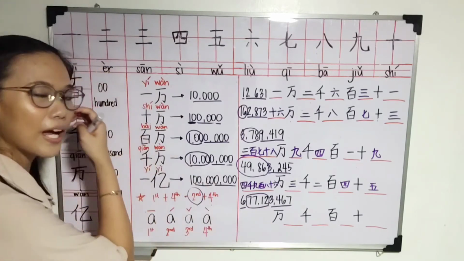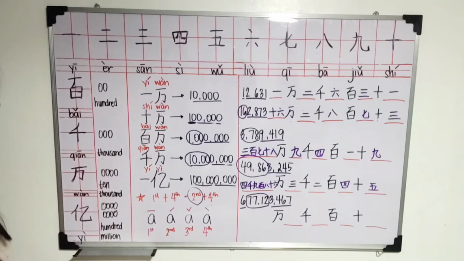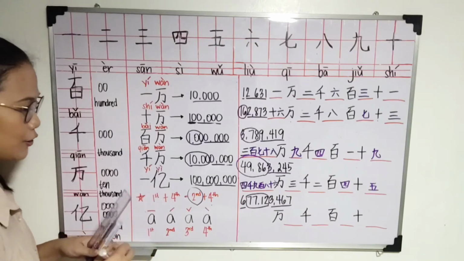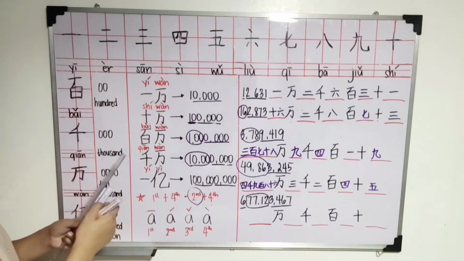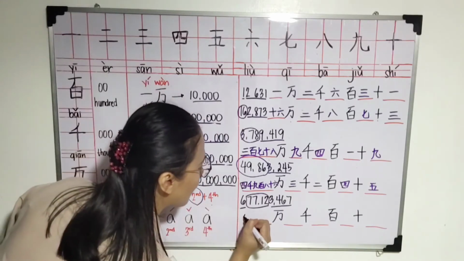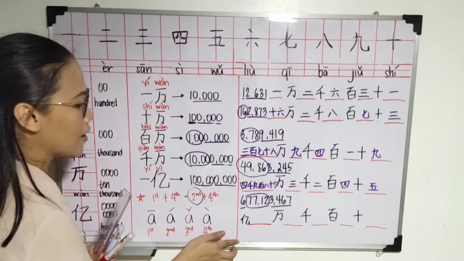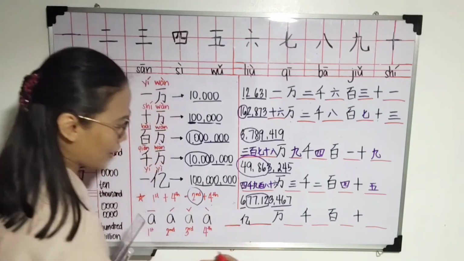And then ito, 100 million. So, dadagdag na tayo ng isa pang place value. So, dito sa 1, yan, lalagyan natin ng isang E. Oh no, kulang ang ating space. So, dagdagan natin. Ayan. Here.